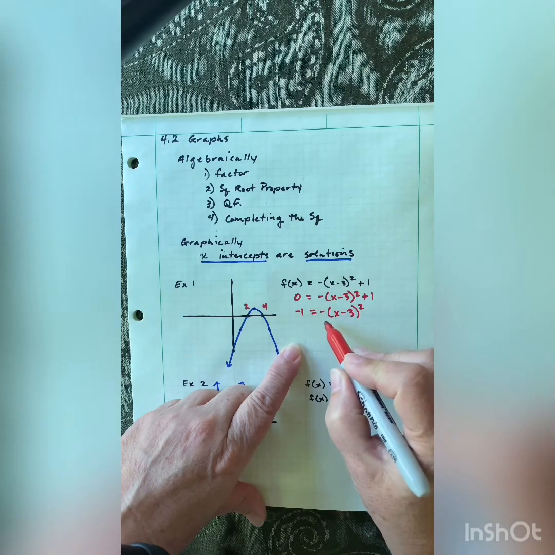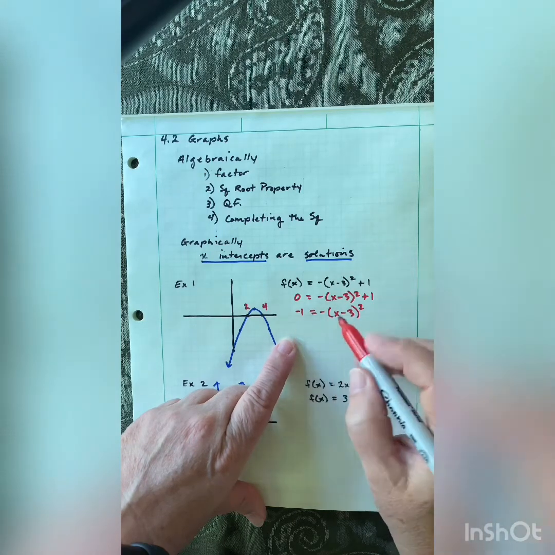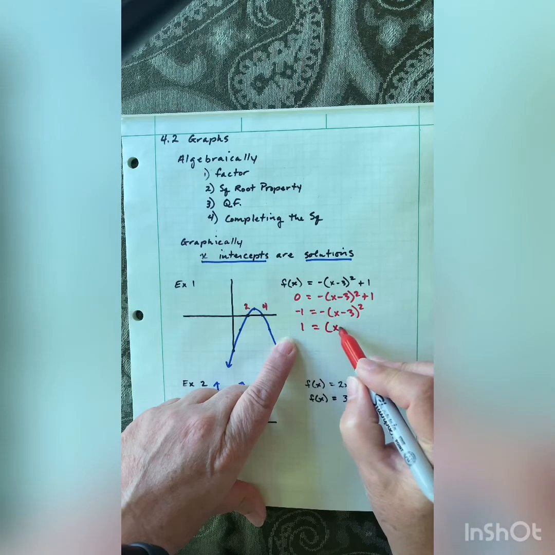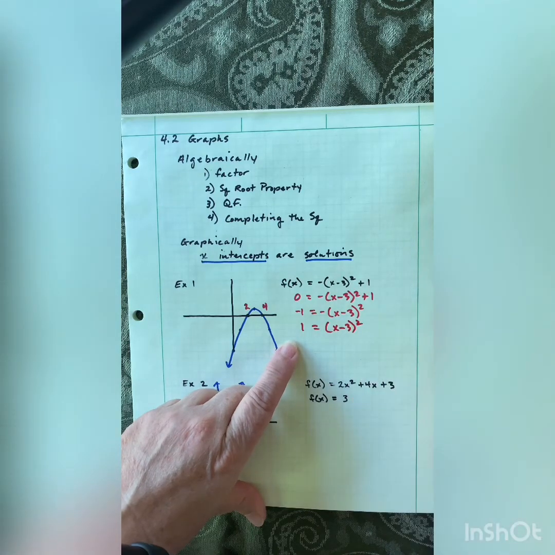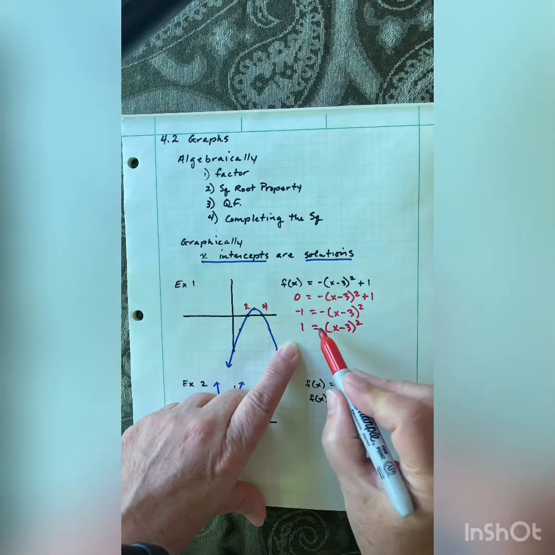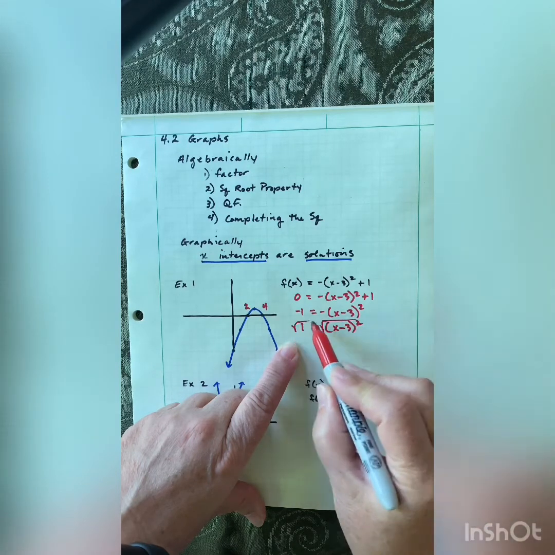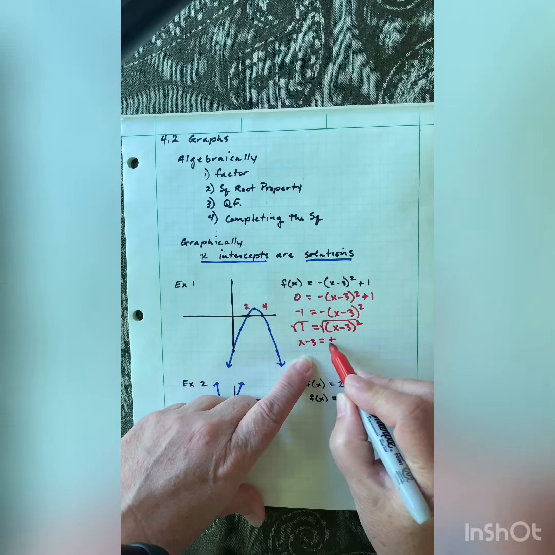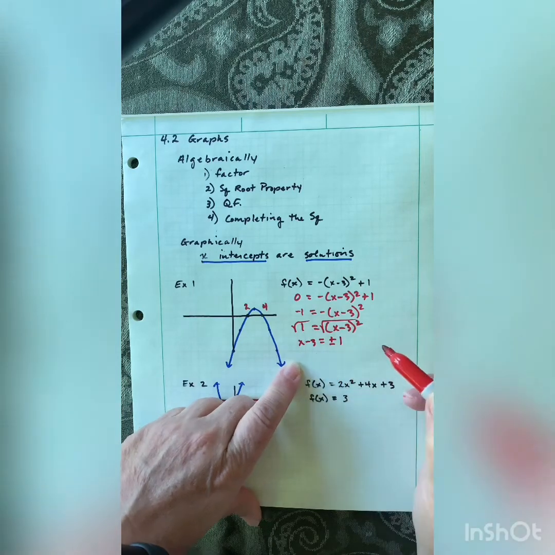Get rid of this by dividing both sides by negative 1. I'm just going to change the signs here and go 1 equals (x minus 3) squared. Now I'm going to take the square root of both sides, and I'll get x minus 3 equals plus or minus 1.